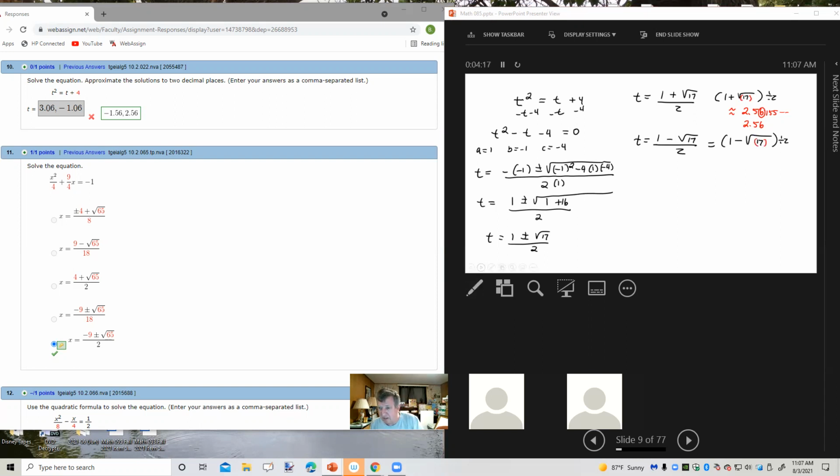That's a 17. It kind of looks like a 7, but it's a 17. Okay. So putting all that in, I get negative 1.56155, etc. So that becomes negative 1.56.